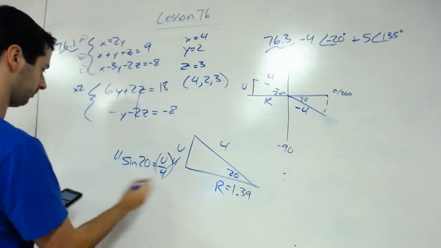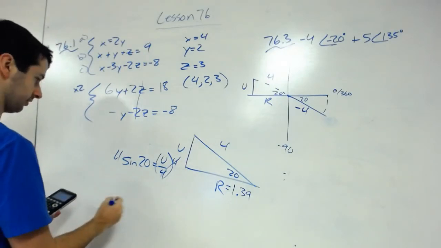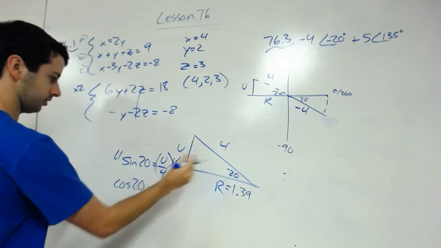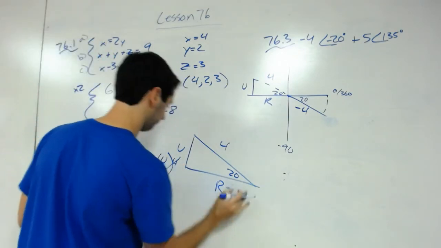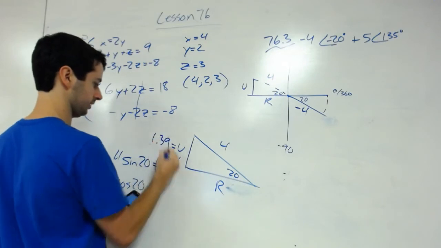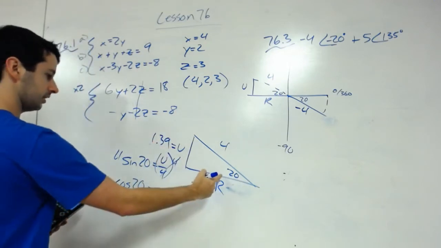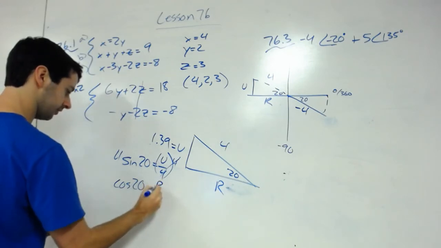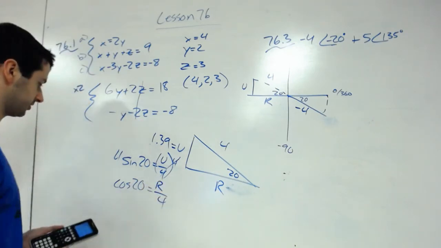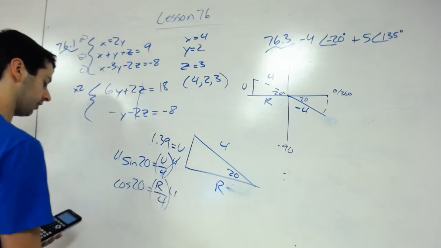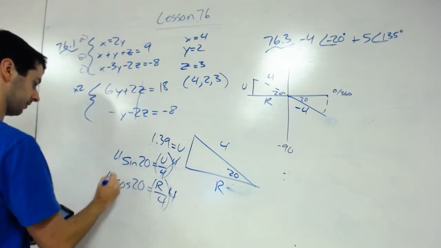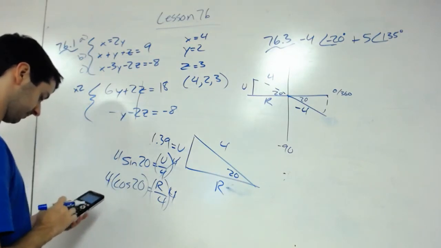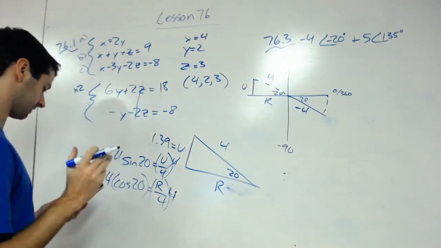And then cosine of 20 would be adjacent r over 4. Sorry, my words are getting scrambled. Multiply by 4 to get r by itself. 4 times cosine of 20 is 3.76 rounded.